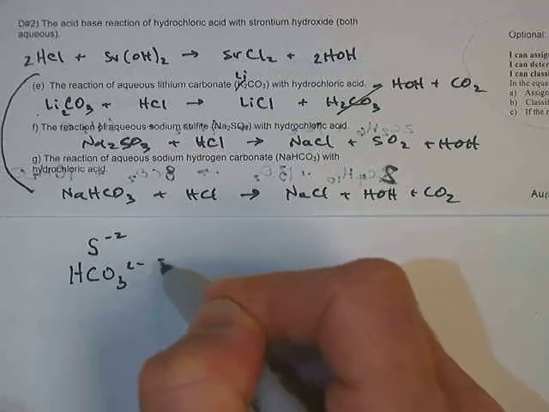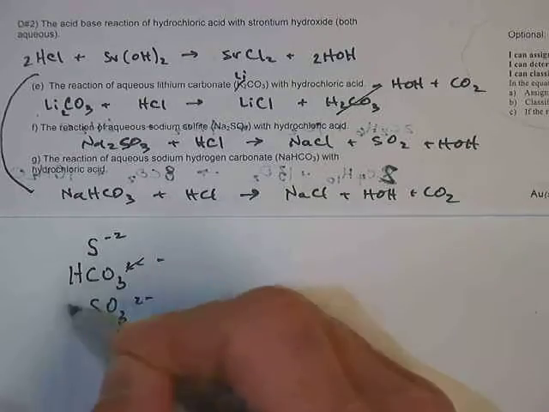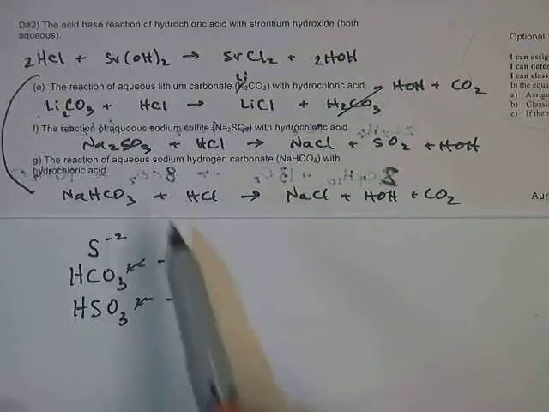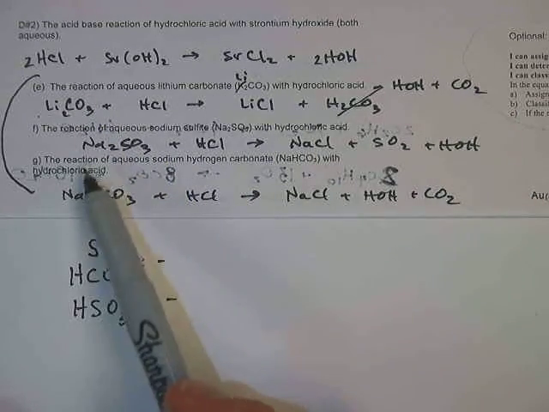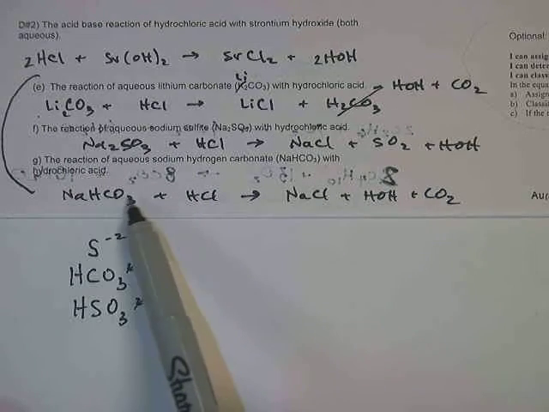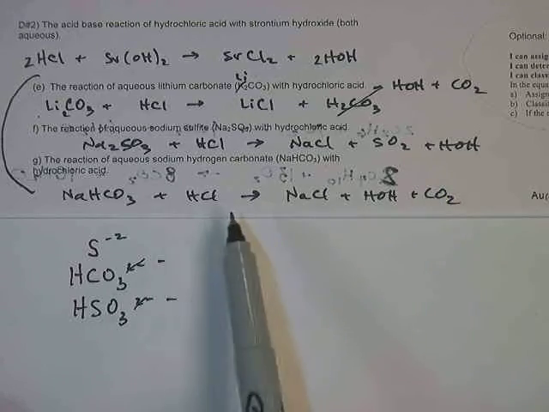And remember, the ones that are gas-forming reactions are the ones that react with an acid, in this case hydrochloric acid, and contain either a sulfide, a carbonate, a hydrogen carbonate, which would just be -1, a sulfite, which is -2, or a hydrogen sulfite, which is -1.